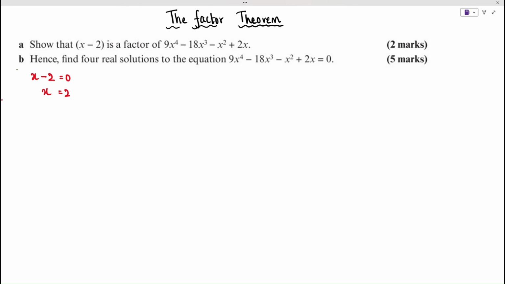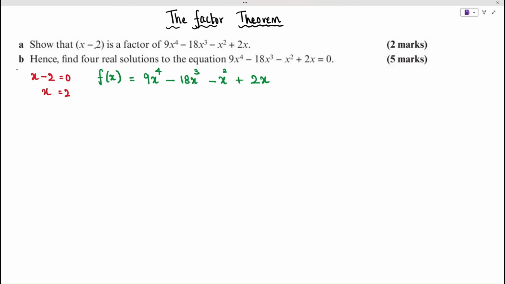Now, we take 9x to the 4 minus 18x cubed minus x squared plus 2x as a function, and we're going to call that function f of x. So we write f of x is equal to 9x to the 4 minus 18x cubed minus x squared plus 2x.